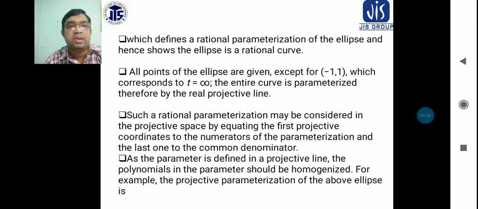Such rational parameterizations may be considered in the projective space by equating the first projective coordinates to the numerators of the parameterizations and the last one to the common denominator.